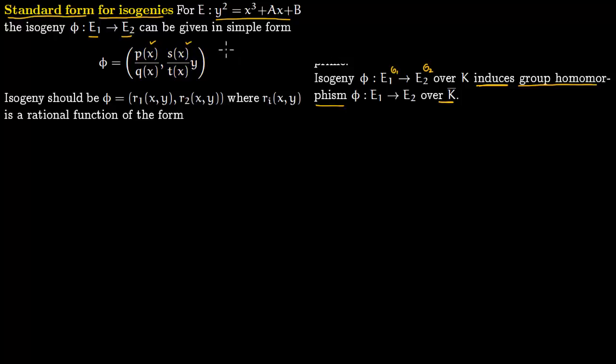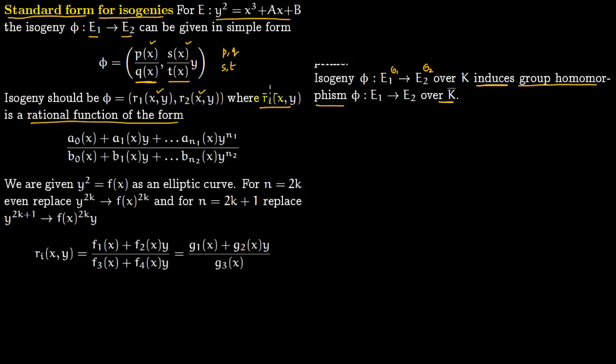Obviously we will also say that p and q are co-prime and s and t are co-prime. Notice that the isogeny, if you are giving it, should be in the form of r1(x,y) and r2(x,y). So the first function should also have some y in it, and the second function should also have y in it. It is given as a rational function of x and y, with a polynomial in the numerator and a polynomial in the denominator.